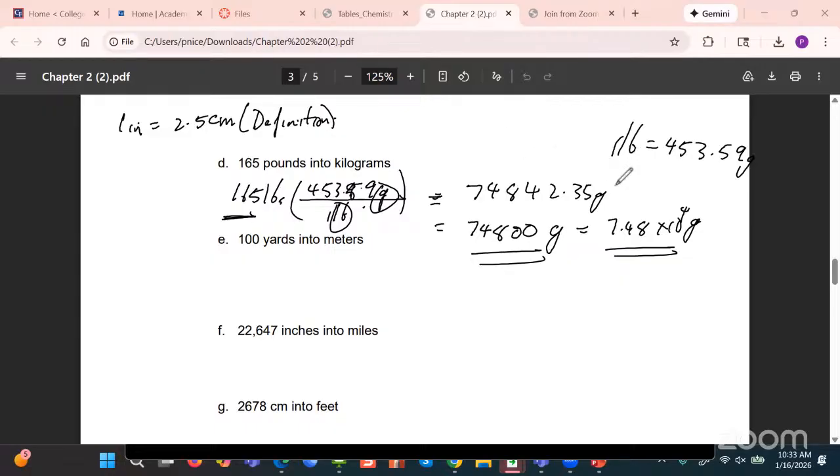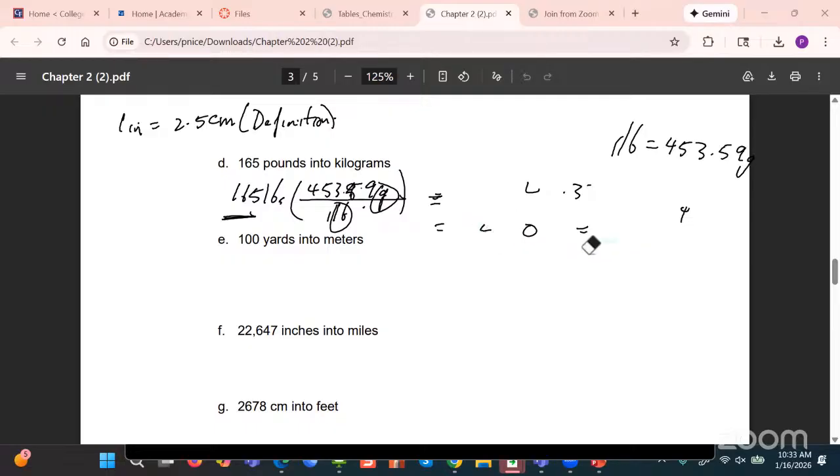So let me erase this here and ask you, what would you do next? I put 1,000 grams and then 1 kilogram. You're absolutely right.